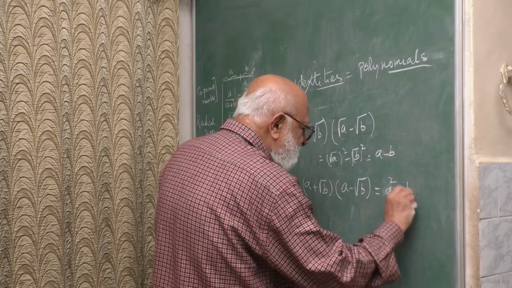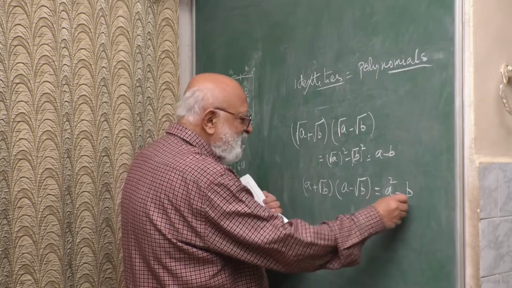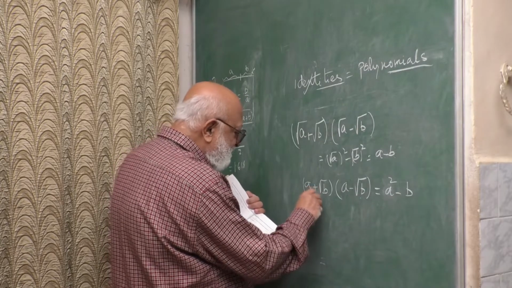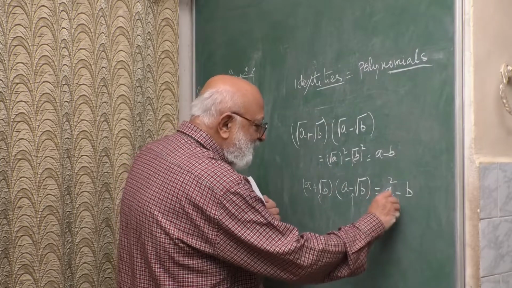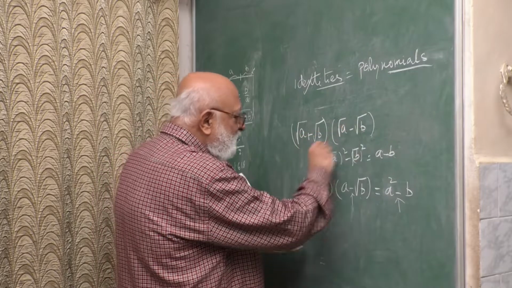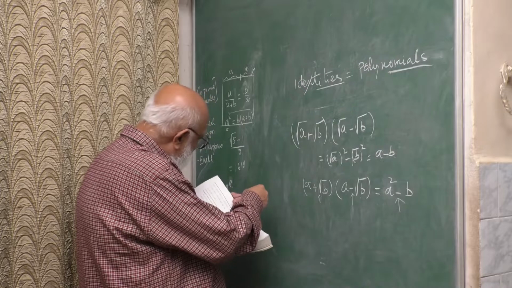So looking at this, you can easily find out the answer. Remember, these two are irrational numbers, and you are getting a rational number. Same thing here: the product of two irrational numbers gives a rational number.